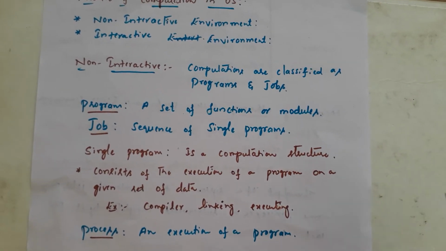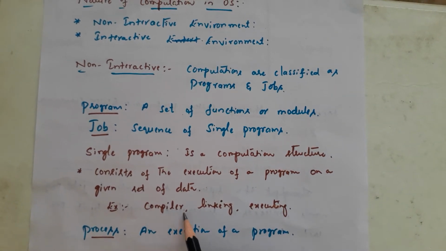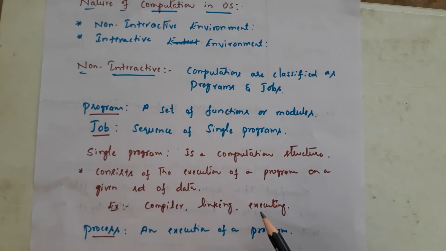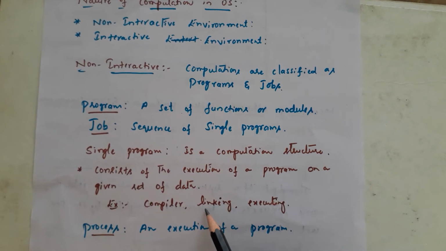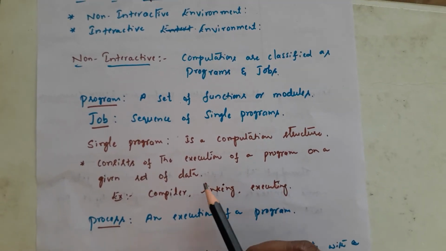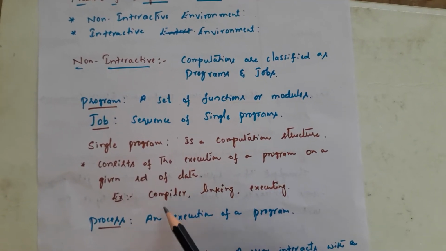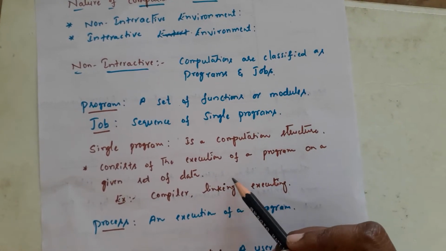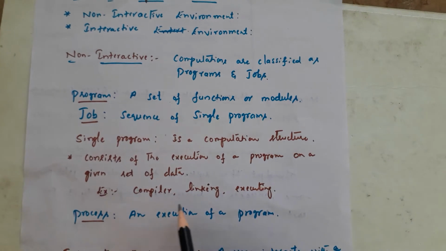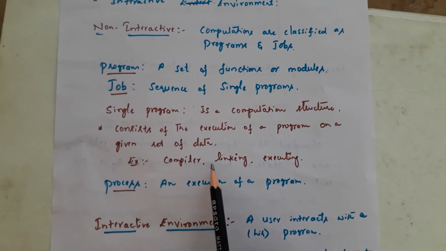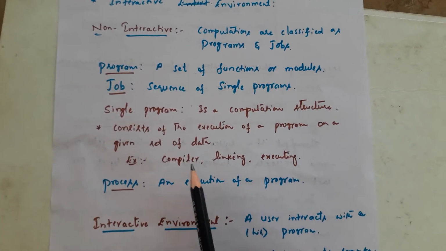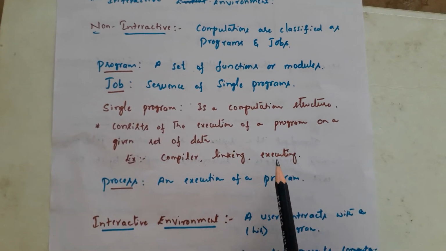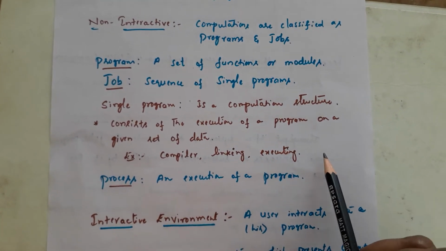So the linker will work only when the compiler has finished its work, and the execution will work only when the linker has finished its work. For linking, the input is the output of the compiler, and for the executor the input is the output of the linker. So this is a single program example where all the programs are executed in a sequential manner, one after the other.